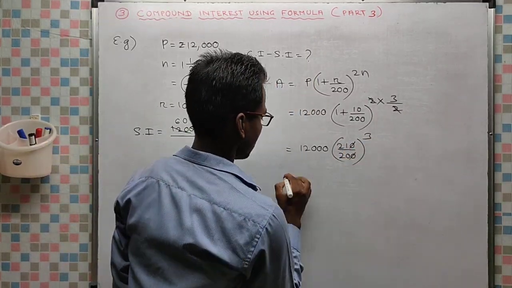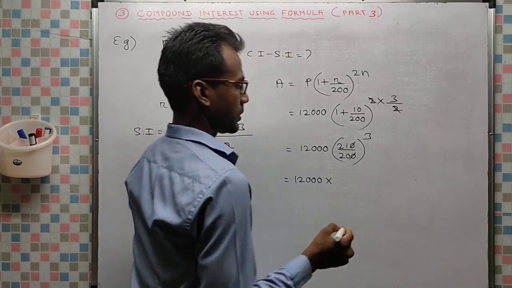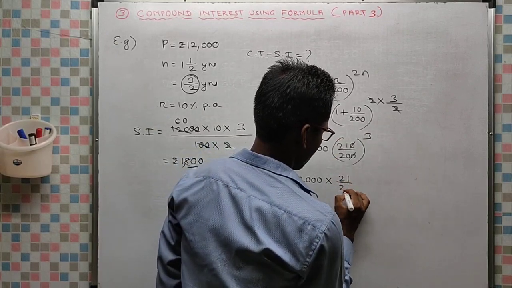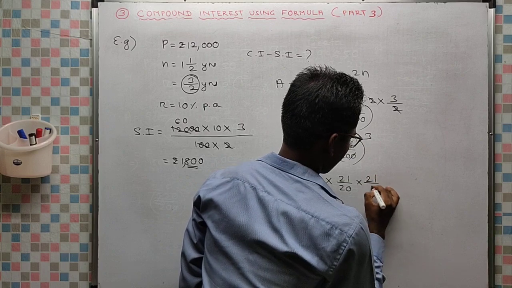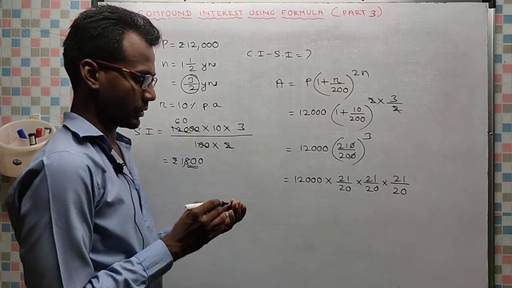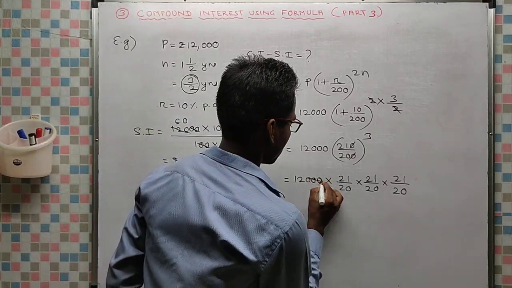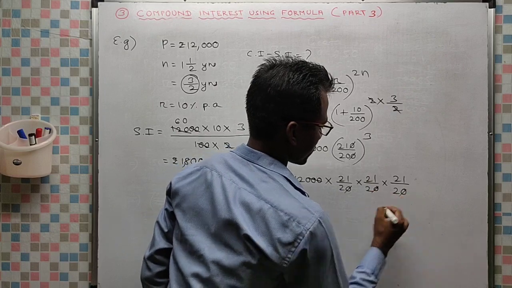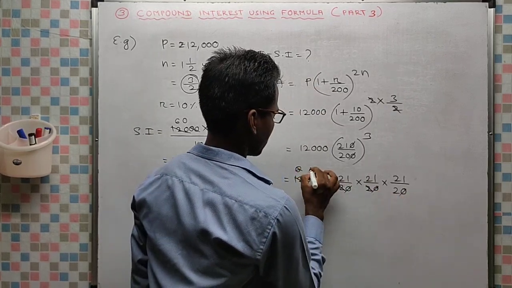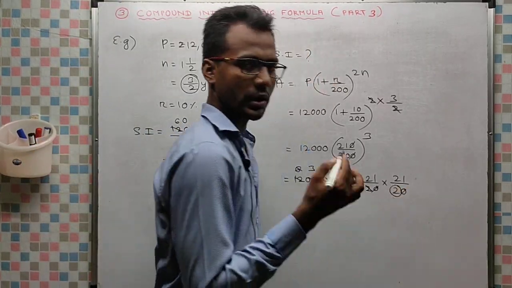So 0 cancel. 12,000 into (21 by 20) whole cube means 3 times it will be multiplied: 21 by 20, 21 by 20, again 21 by 20. Let us simplify. 0 cancel, 0 0 0 cancel. 2 6 are 12, 2 3 are 6. This 2 is remaining, we will divide by 2 later on.